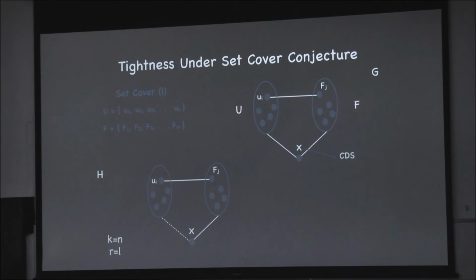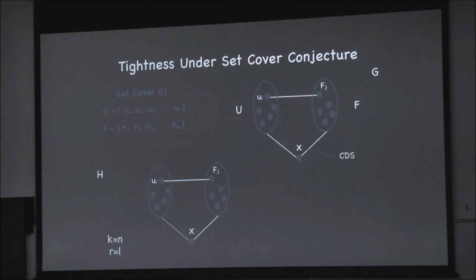Okay. Now what is k? We deleted k edges, so k is n, the size of the universe for the set cover instance. And r is the Hamming distance that we want between the two solutions. We set r to be l, the size of the set cover that we are interested in.